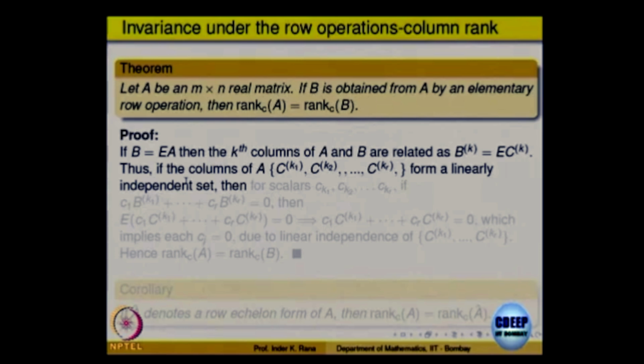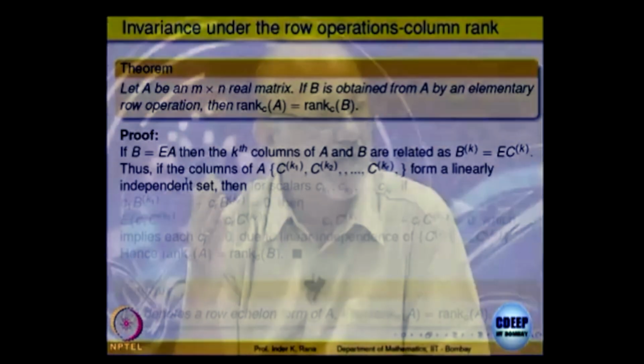Whichever columns were independent in A, after row operations they still remain independent. That will show that the column space of A is the same as the column space of the row echelon form.